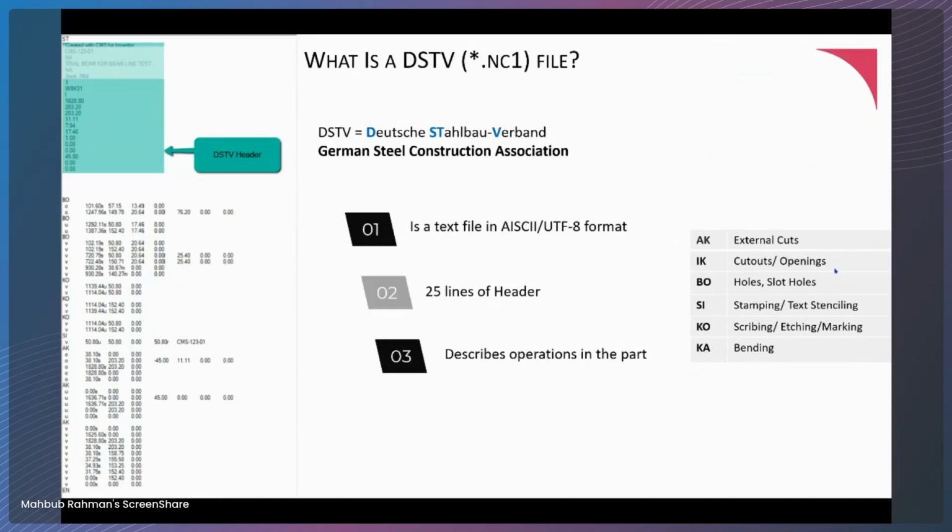The software is also capable of reading your etching content. So let's say if you have sketches on your model and you want to bring those sketches in as scribing lines, for example, we can do that as well. Additionally, the software can read embossed features, if you want to put something like a marking line. Actually, it's a text, for example, as you see in this example, SI is referring to stamping or etching those letters as well.